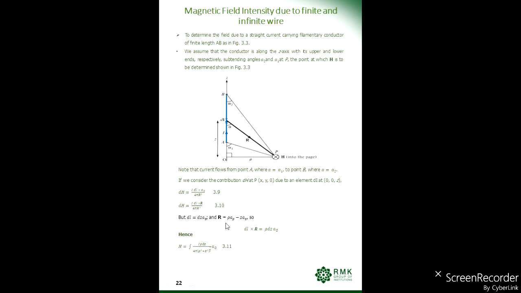When we calculate dl cross r bar, we get rho dz in the direction of A phi cap. Now we substitute this dl cross r bar in equation 3.10.